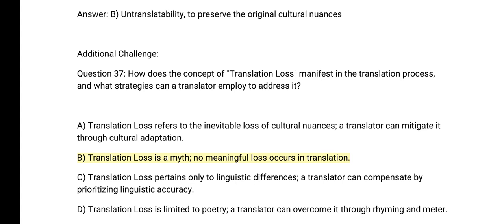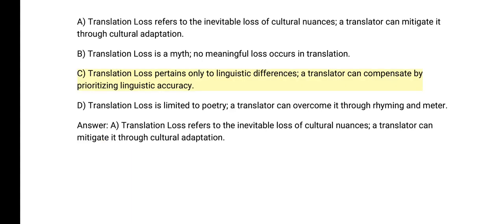C. Translation loss pertains only to linguistic differences. A translator can compensate by prioritizing linguistic accuracy. D. Translation loss is limited to poetry. A translator can overcome it through rhyming and meter. Answer. A. Translation loss refers to the inevitable loss of cultural nuances. A translator can mitigate it through cultural adaptation.